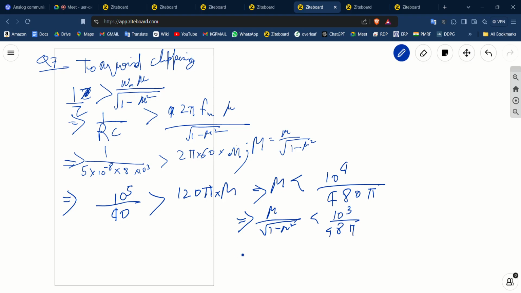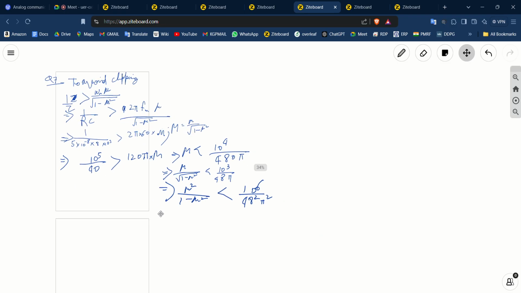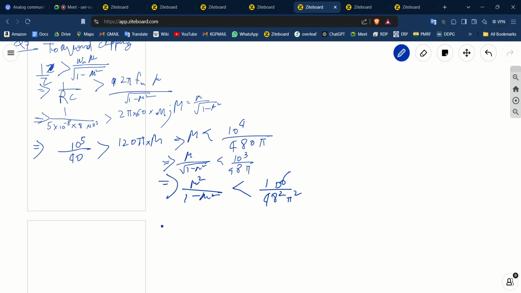Let's take square on both sides: mu square by 1 minus mu square is less than 10 to the power 6 by 48 square pi square. This implies 48 square pi square mu square is less than 10 to the power 6 into 1 minus mu square.